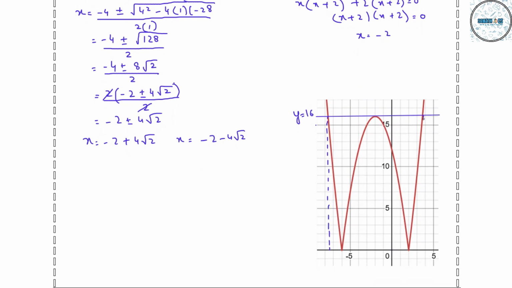Another one is this. And the third one is this. Here, x is equal to minus 2. Here, x is equal to minus 2 minus 4 under root 2. And here, x is equal to minus 2 plus 4 under root 2.